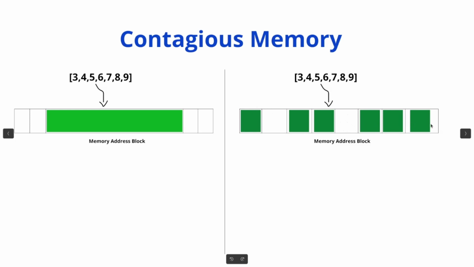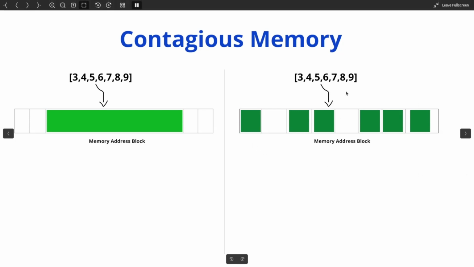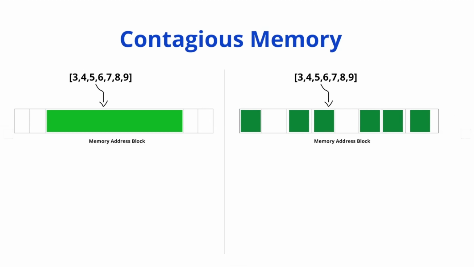So we need to do some searching to find the particular element of a list in the address memory block to access that element. So it also increases the time complexity and the computation power, because it needs a little bit more computation power to search for the particular element in an address block. So that is a major drawback of the list as compared to the NumPy array.